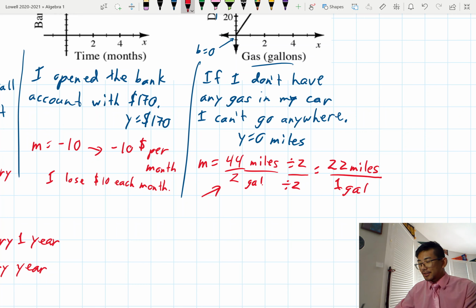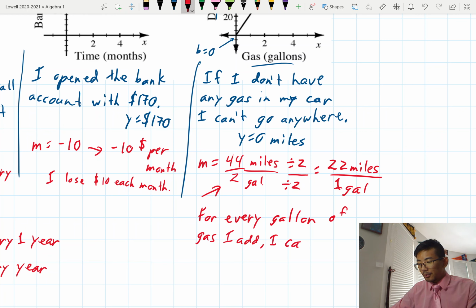What this essentially is that, for every gallon of gas, my car can go 22 more miles.